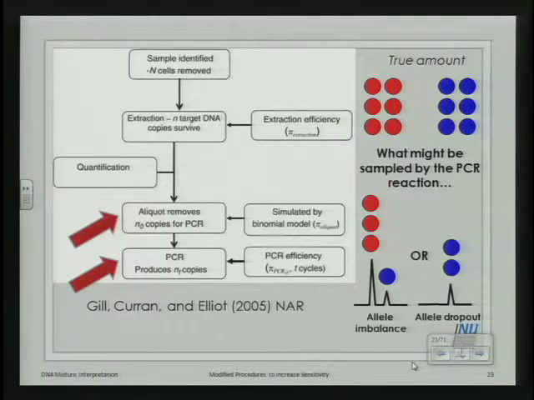PCR, again, is not a 100% efficient process all the time. If you can approach 100% PCR efficiency, then that's great. But oftentimes, especially if you have inhibition or degradation, your PCR efficiency will be lower, so you may not get sufficient amplification.